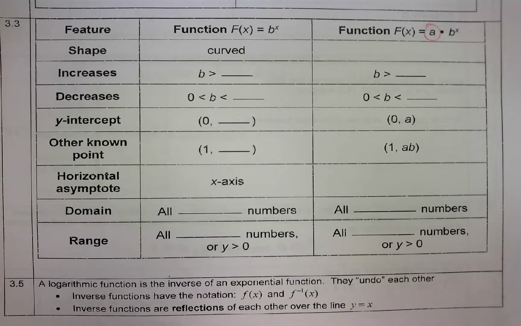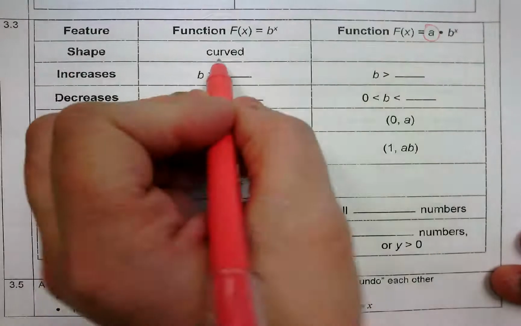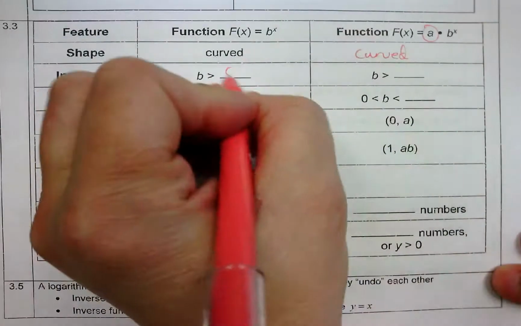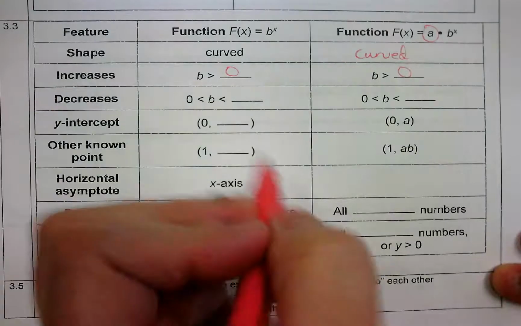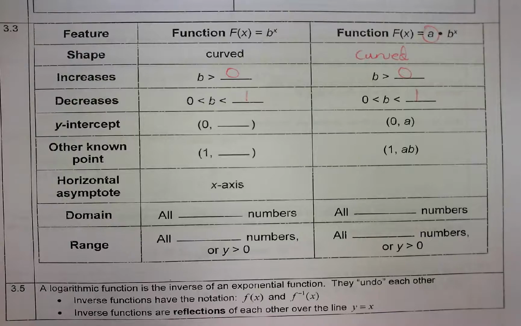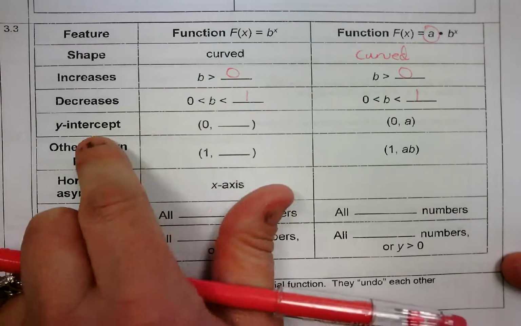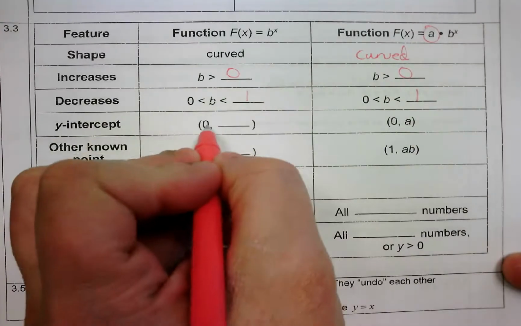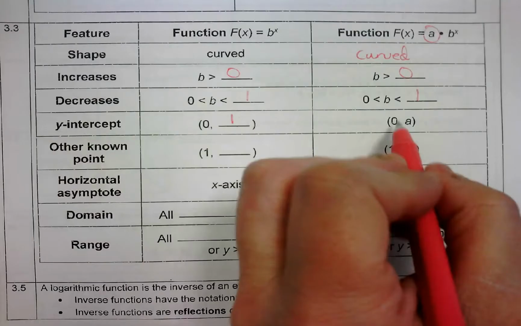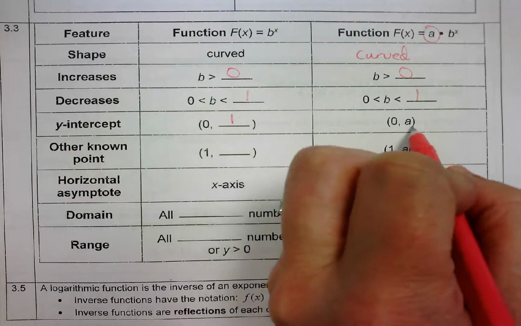So the shape of both of these is curved. The b value, if it increases, is greater than 1. And on both of these, the b value is between 0 and 1 if you're decreasing. The difference here is the y-intercept. The y-intercept on this function is (0, a).